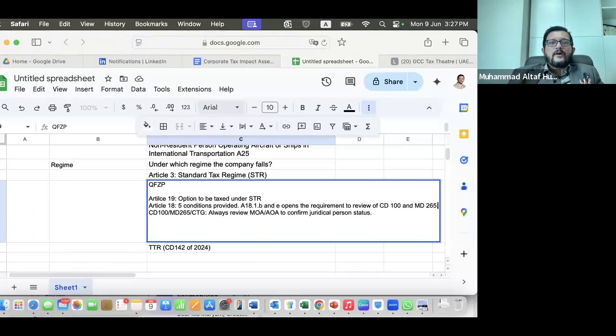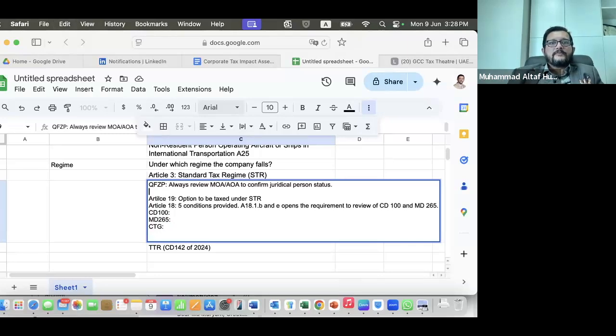So that means now we also have to address these separately. What does the CD 100 say? What does the MD 265 say? And is there a need to go into the corporate tax guide at all? Anyway, we can write this on top.